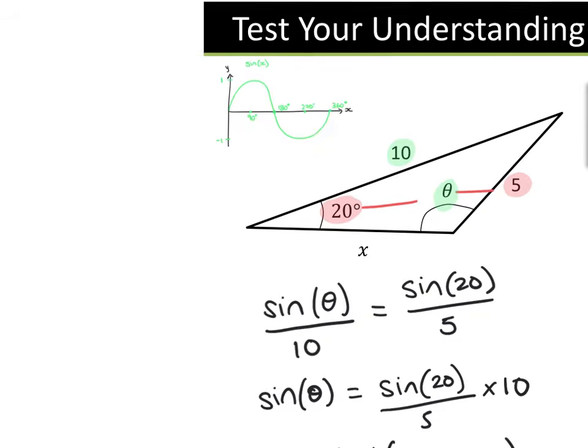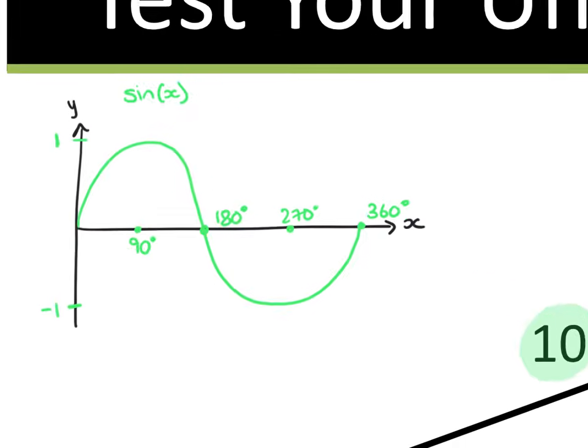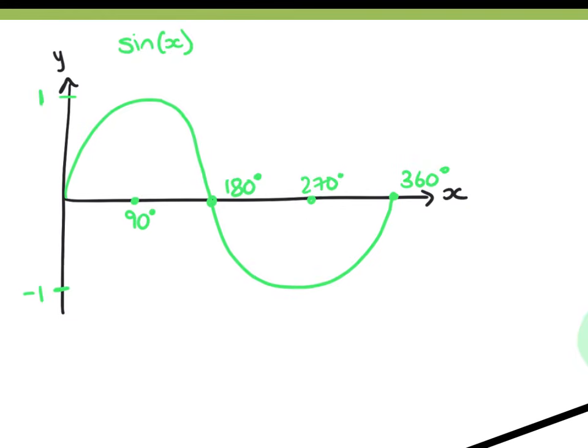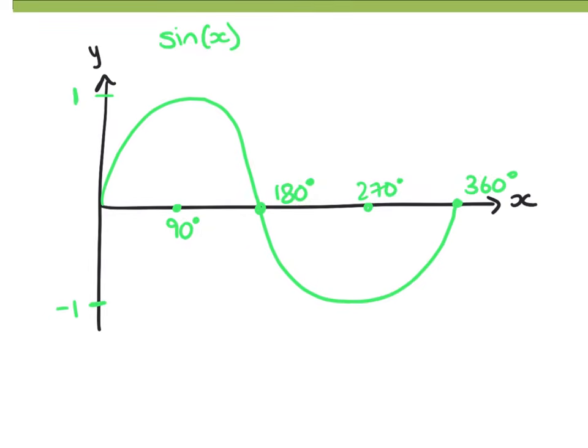Whatever our answer was then, if we go back, we know it was 0.684. So that means my y equals 0.684 essentially. It's roughly here, isn't it? And if I draw a dotted line, I actually have 2 values of x.